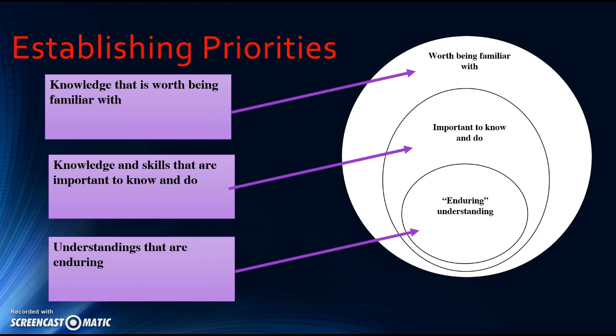And then the next piece is taking a look at what's really important for the kids to know and to be able to do while you're looking at your units. And then the last thing is, this is the most central part. The kids have to know this. And those other things are going to fall into place.